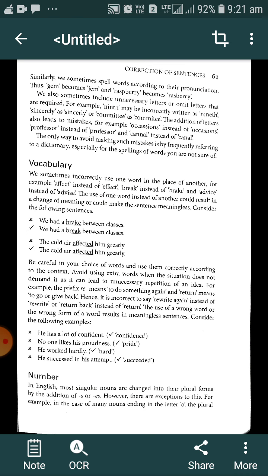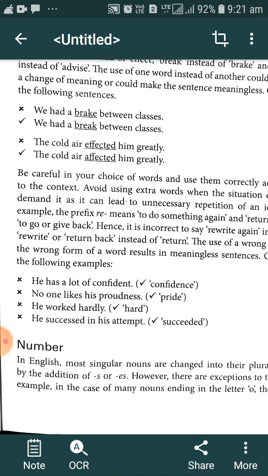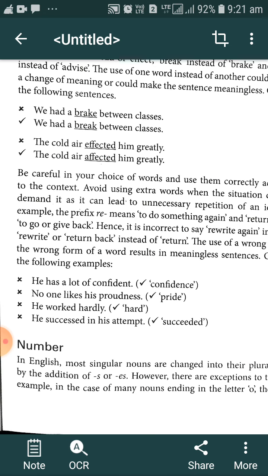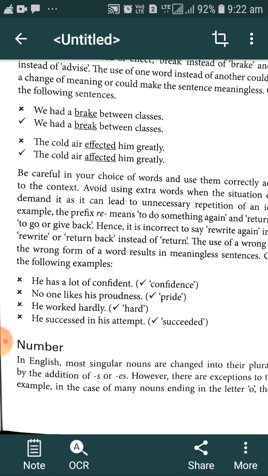In English, most singular nouns are changed into their plural forms by adding s or es. You know very well, as we have discussed in the portion on tenses, while discussing the simple present tense, we have seen that most nouns are changed into their plural forms by adding s, es, and according to that we choose the base form of the verb in simple present tense.